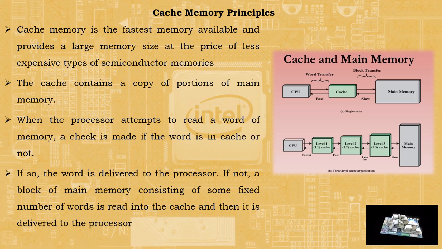Word by word transfer between CPU and cache memory, but between cache memory and main memory, it will be a block transfer. If there are levels in the cache memory, then we say level 1 cache, level 2 cache, and level 3 cache are present here. The time for the CPU to access increases as it goes away from it.